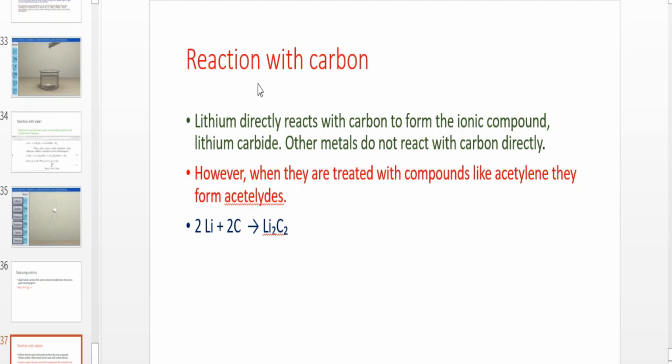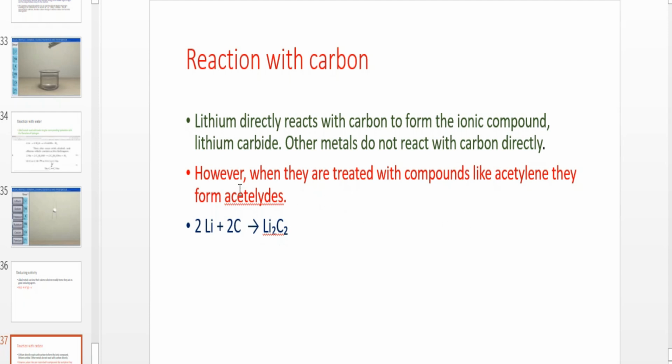Likewise, these alkali metals, okay, especially lithium, only reacts with carbon directly to give lithium carbide. Other elements of this alkali family react with the compounds of carbon.